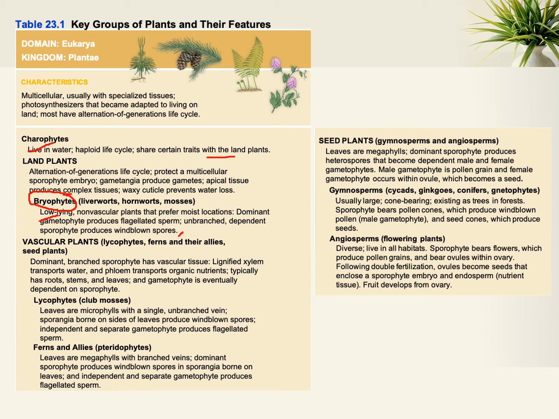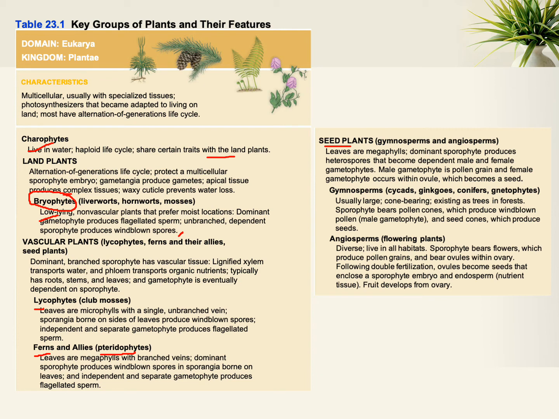Next, the vascular plants, of which we have quite a few. We have the lycophytes, and we have the ferns and allies, which we call the pteridophytes. Then we go on to the seed plants. In seed plants, we have gymnosperms and angiosperms.